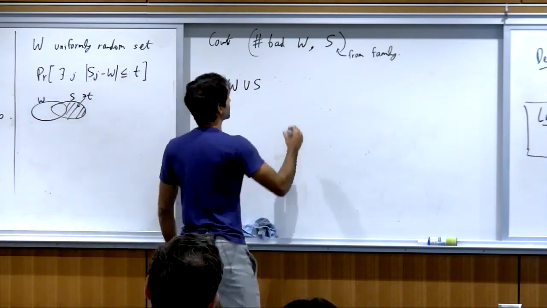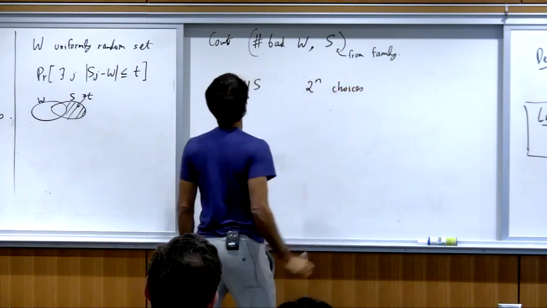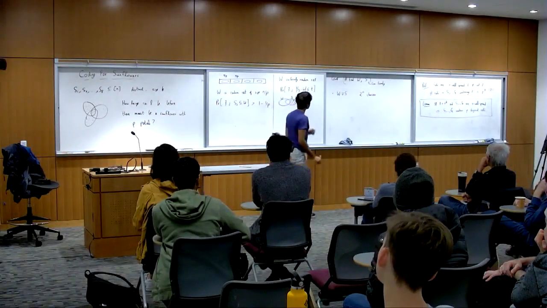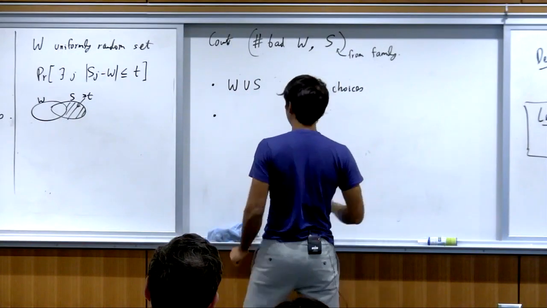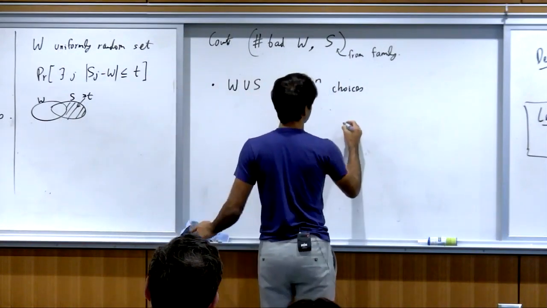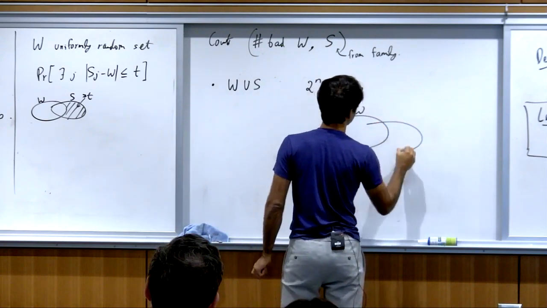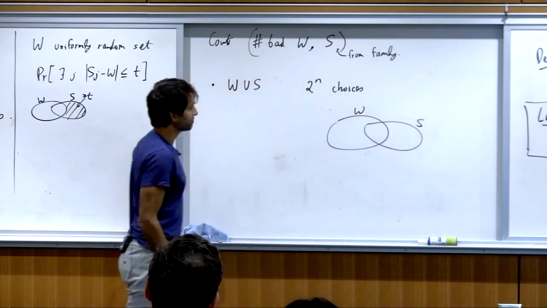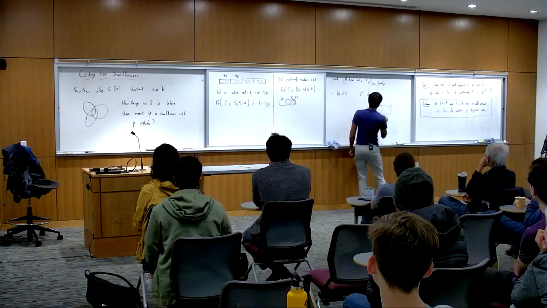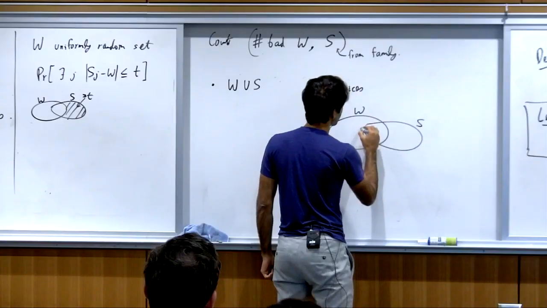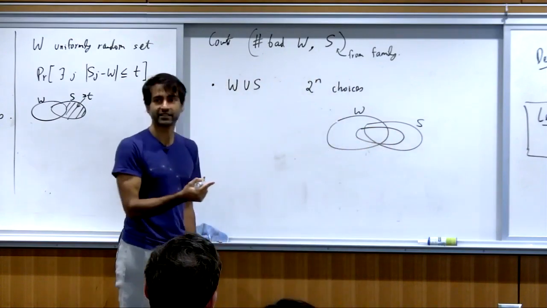So there are at most 2 to the n choices for W union S. And the key point is that once you know W union S, so suppose you have here W and here S. I don't know what S is, I don't know what W is. But one thing you can find is some arbitrary set Sj in the family that's contained in this union.